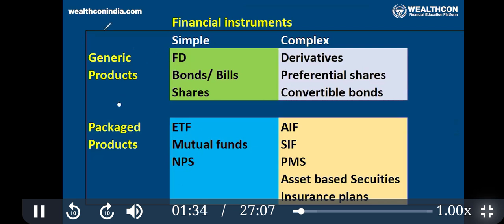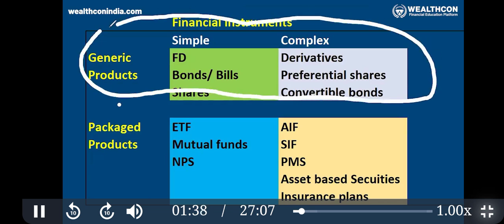Generic products are those you can directly buy from the stock exchange or issuer, and no fund management or financial professional is involved. Maybe there is a minimal intermediary, but costs are very low in generic products because no one is managing actively.